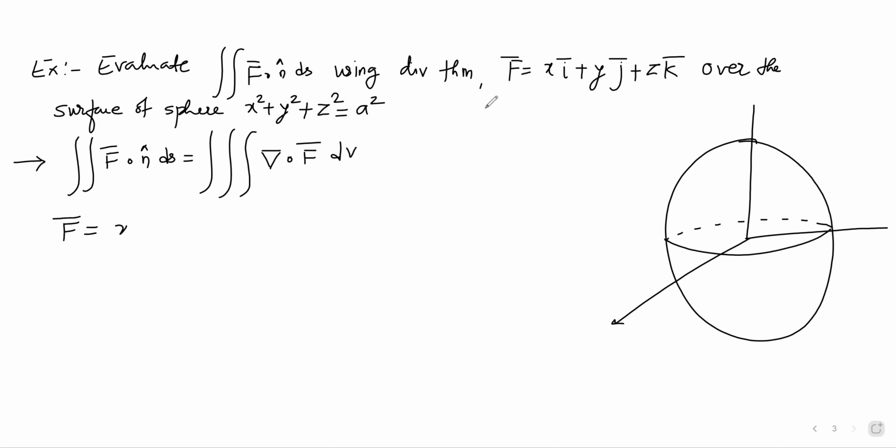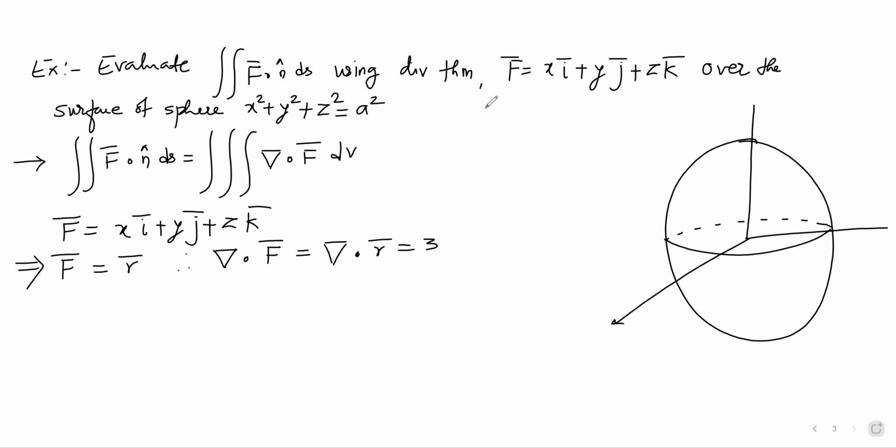F bar is x i bar plus y j bar plus z k bar. You can see that this is nothing but your r bar. So F bar is r bar. So what is del dot F bar? It is nothing but del dot r bar. What is that? It's 3.